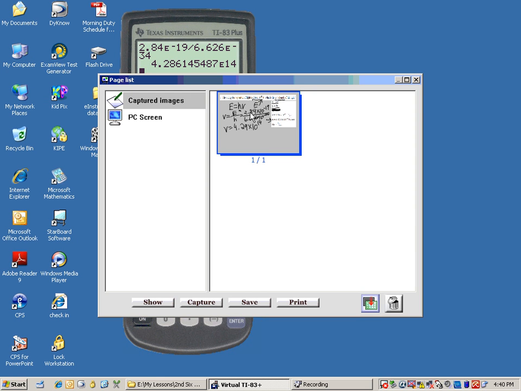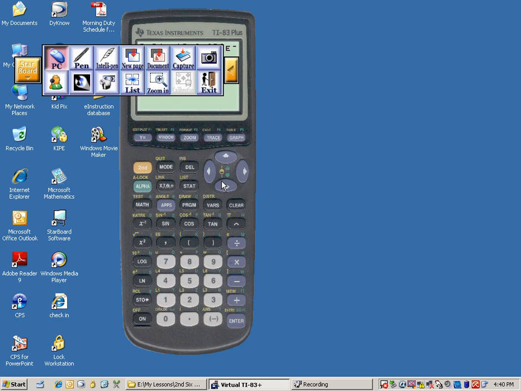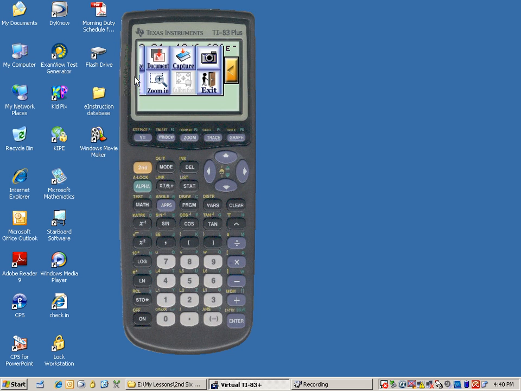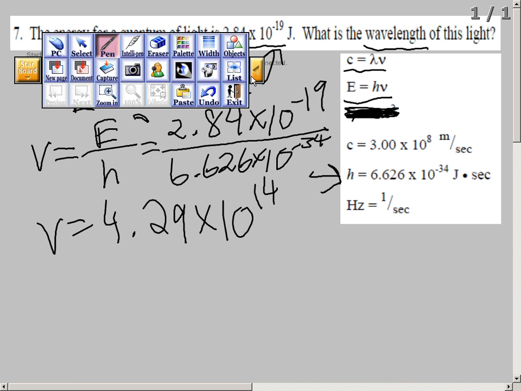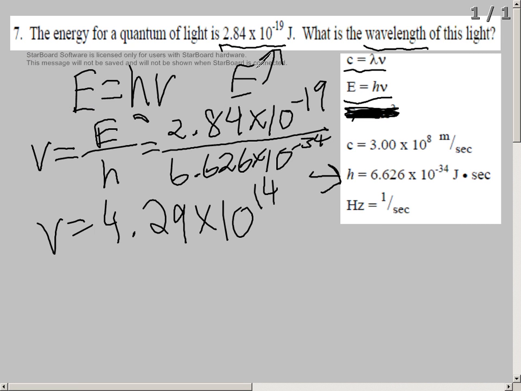Now, we have a frequency. But the question asked us for a wavelength.